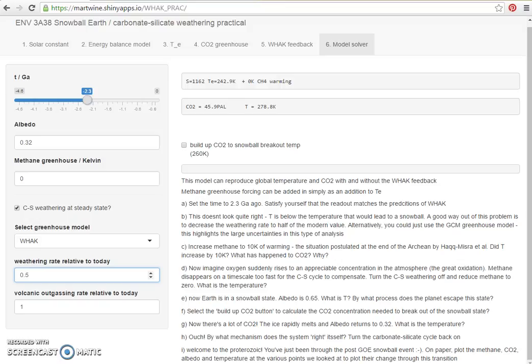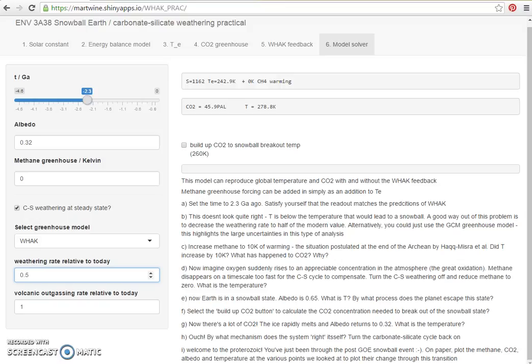This highlights the huge uncertainties in the models, the equations that go in to make up this model. These are really poorly constrained, and the idea of the Walker-Hays-Kasting analysis and of this practical is to highlight the potential processes rather than give numerical solutions to, for instance, what the global temperature was 2.3 billion years ago.